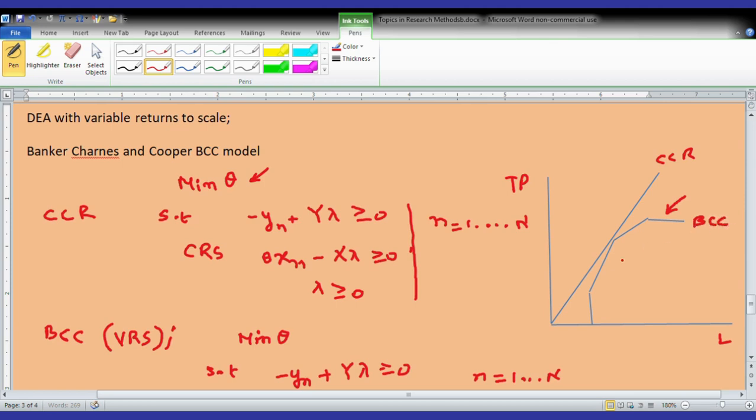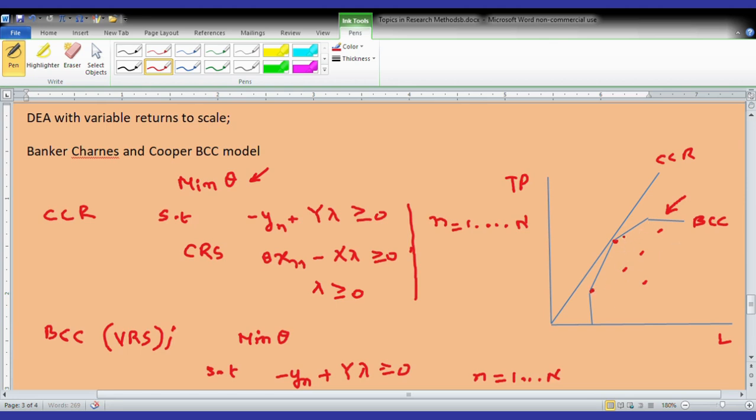So what the BCC model is doing is that if these are the data points, the BCC model is trying to envelop these data points with more closeness.